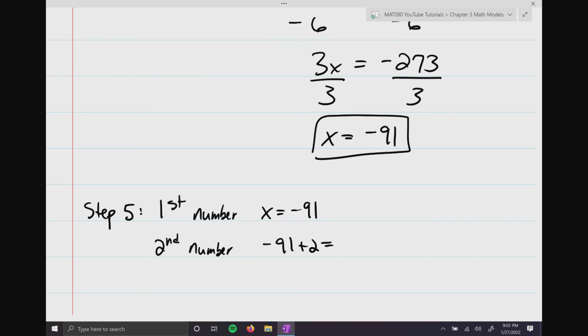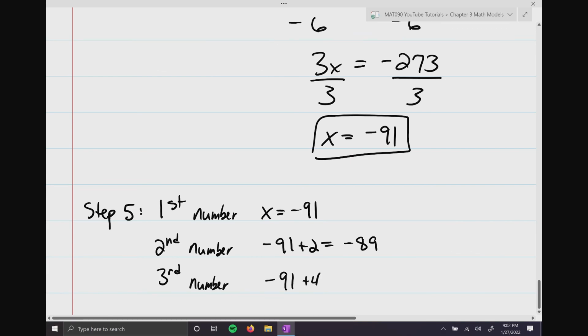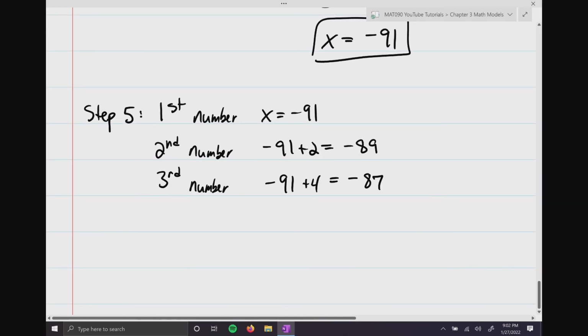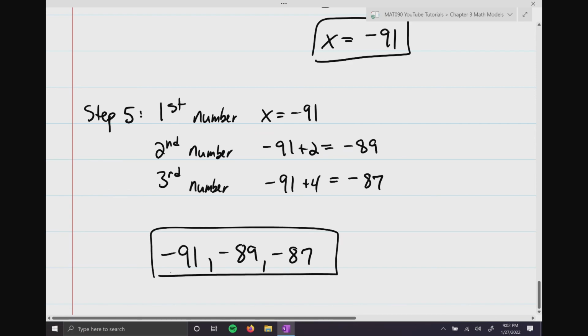Negative 91 plus 2 is going to be negative 89. And then our third number is going to be negative 91 plus 4, which is going to be negative 87. And those are 3 consecutive odd integers whose total will give you negative 267.